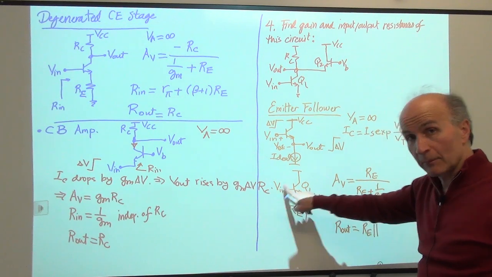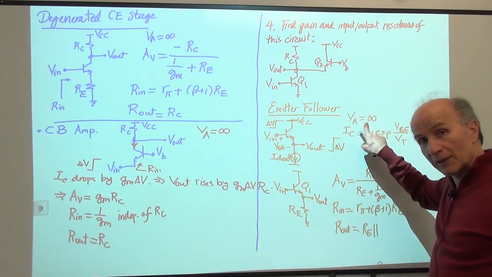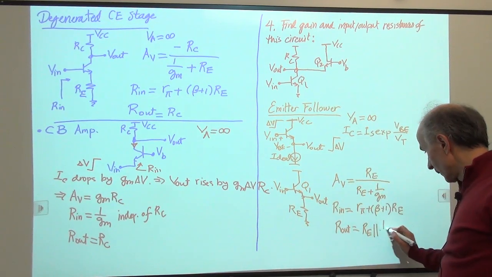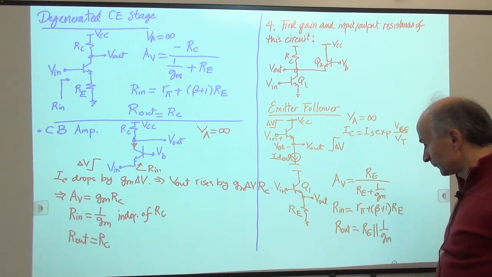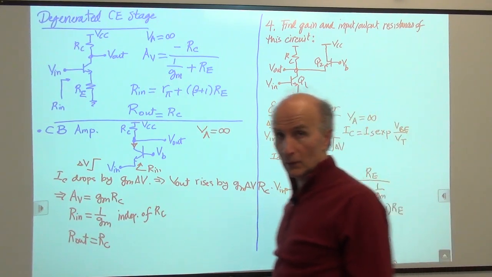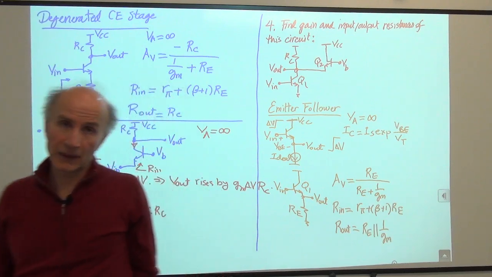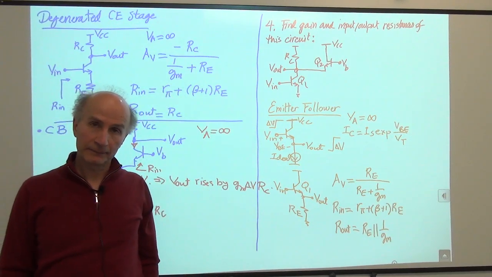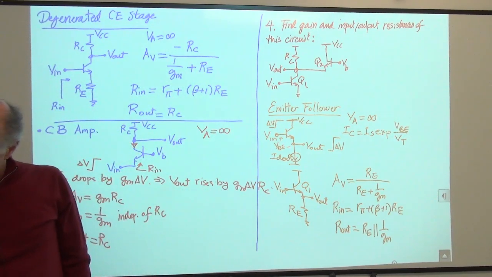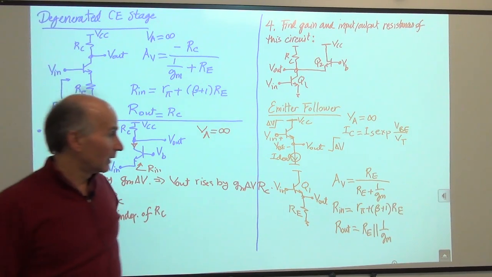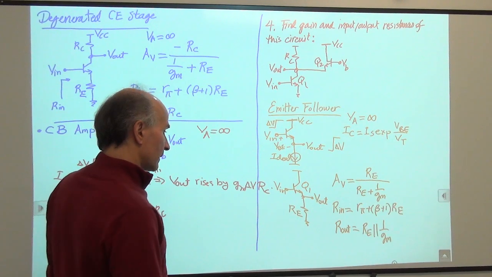It's 1 over GM, provided that the Early voltage is infinite. So that's 1 over GM. Okay, so those were what we found in 115A for the emitter follower. Okay, so that completes our bipolar analysis.